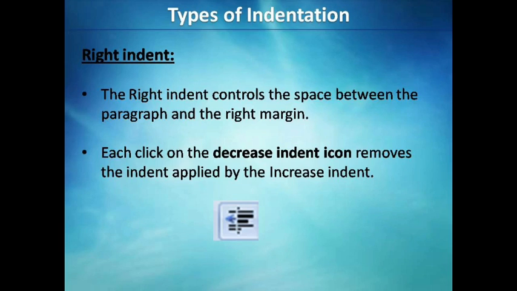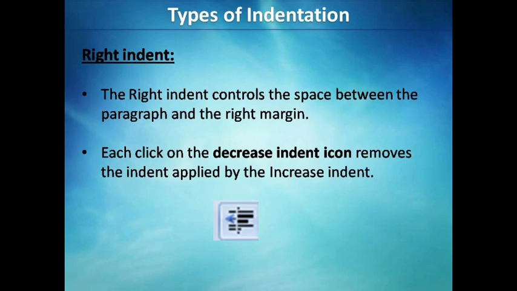Increase indent icon is used to apply left indent to the paragraph, whereas decrease indent icon is used to apply right indent to the paragraph. See this blue color arrow, it is a left arrow. By clicking this, it decreases the indent.